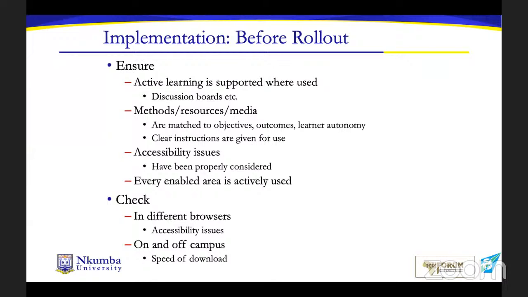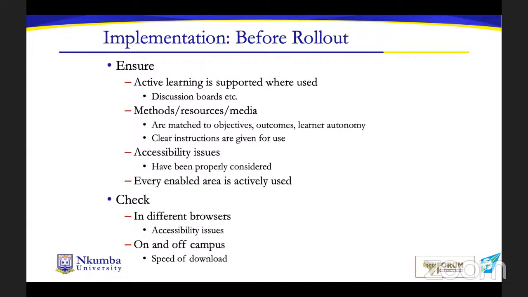If the autonomy is significant, think about activities that go into deeper learning. If it is all about personal, think about more scaffolded activities so that they can support these learners.